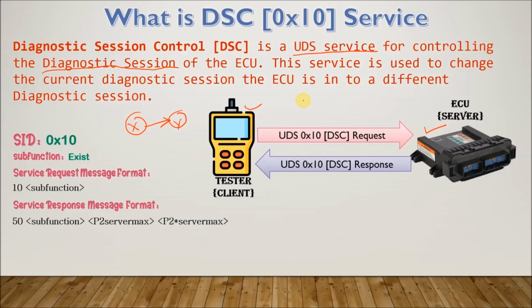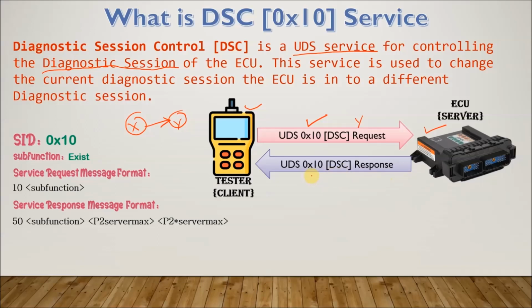You know that UDS communication happens in the client-server model. So the UDS service 10, the diagnostic session control request, will be sent to change it to session Y. If the request is proper and everything is okay in the ECU, then you will get a positive response. Otherwise you will get a negative response for this UDS service, right?